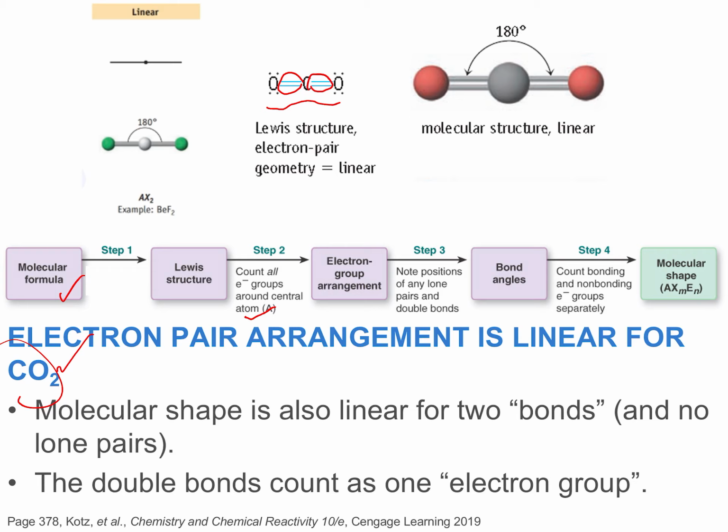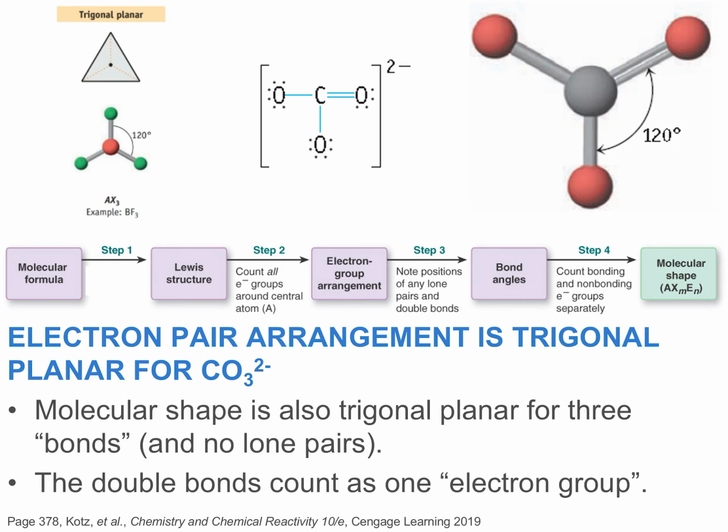So what that means is that when you have 2 groups, then the farthest they can get away from each other is to be 180 degrees apart, and that gives us a linear shape. So our electron pair arrangement is linear, and because it's two bonds and no lone pairs, our molecular shape is also linear. So the double bonds here count as one electron group.